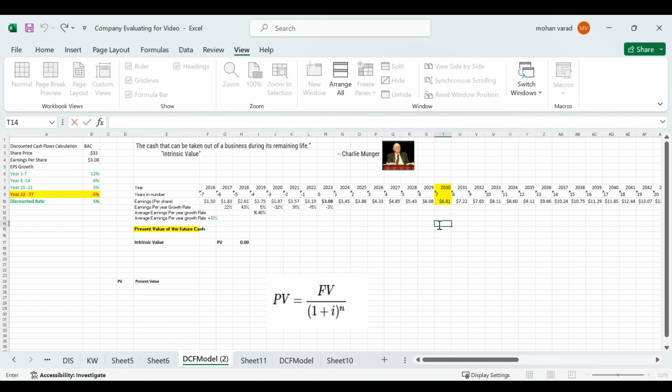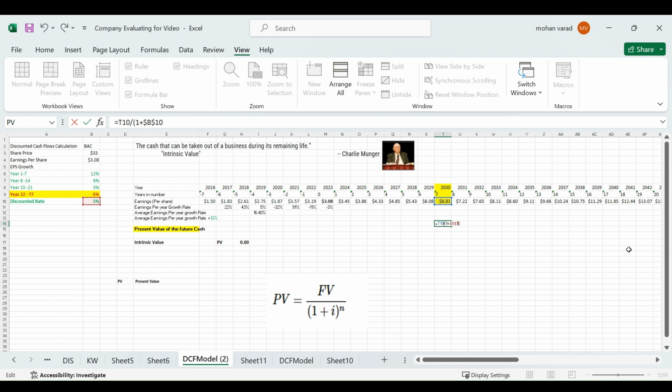Now let's calculate the present value, which is equal to future value divided by 1 plus interest rate, all to the power of the number of years. In this field now, equals T10 divided by 1 plus interest rate, that is $B$10.